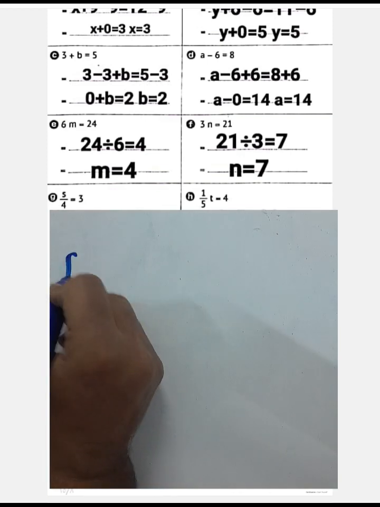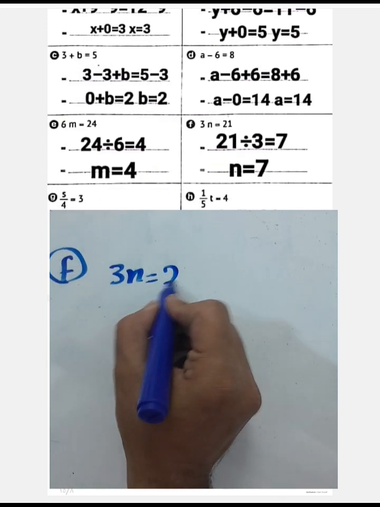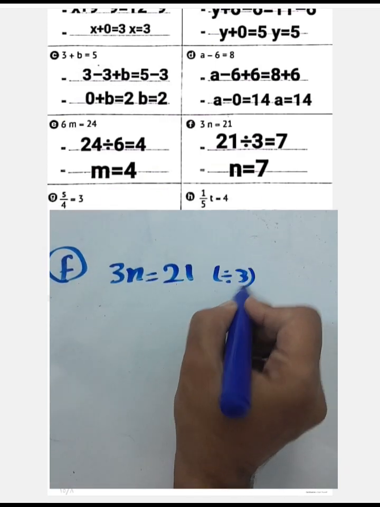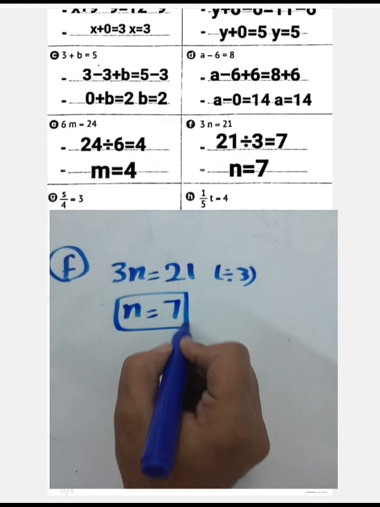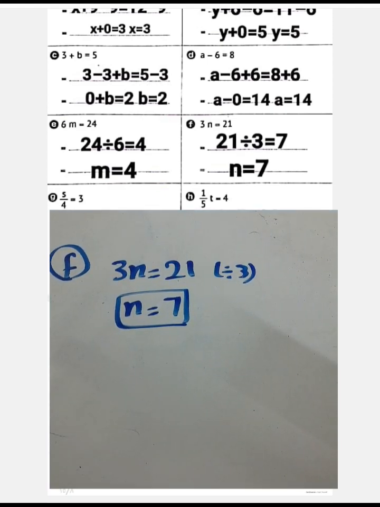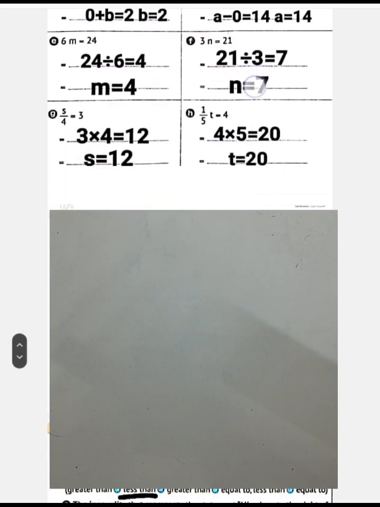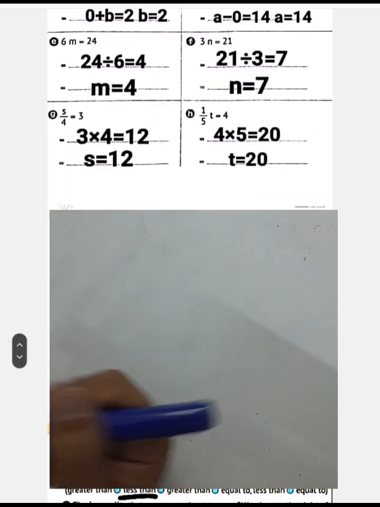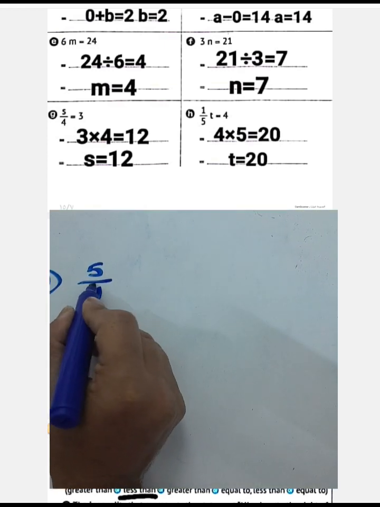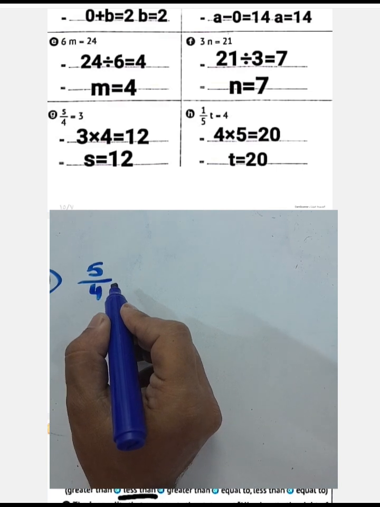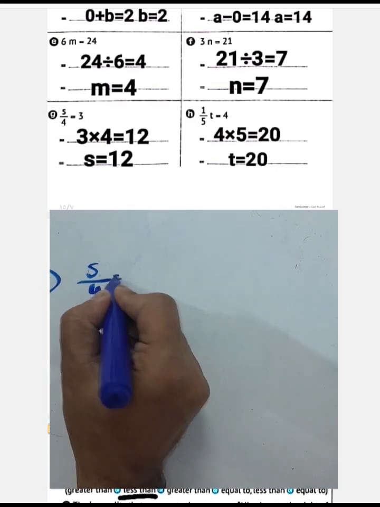Letter F. 3n equals 21. We can divide by 3. 3n divided by 3 equals n, and 21 divided by 3 equals 7. Letter G. We have s over 4 equals 3.